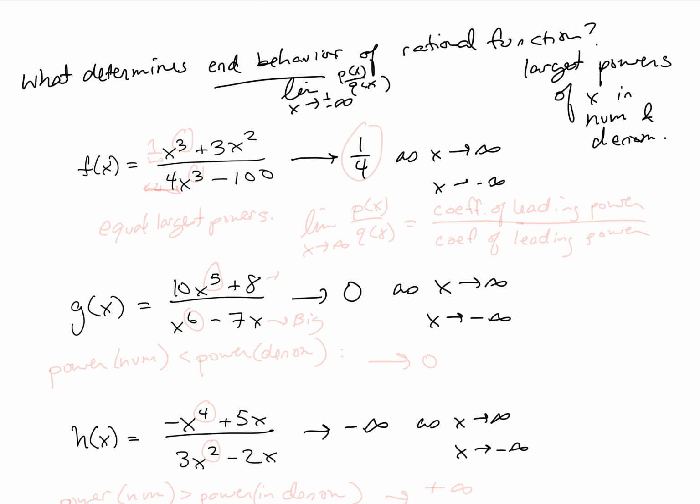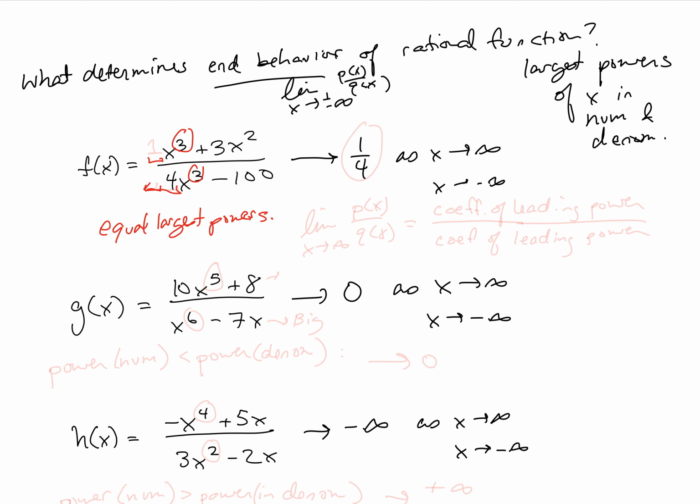So here in the first example, we see that the largest powers of x are x to the third, and these are equal largest powers. And anytime that happens, the limit as x goes to positive or negative infinity is going to be the ratio of the coefficients of those largest powers.